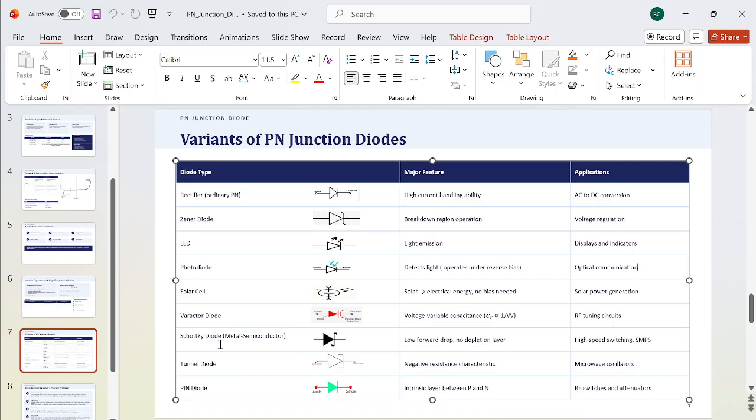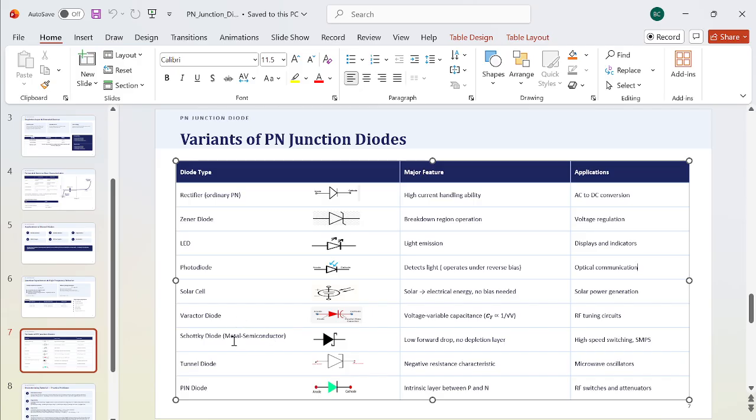Another variant is the Schottky diode. The ordinary diode suffers from a limitation because of the presence of the depletion region or stored minority charges. This ordinary PN junction diode cannot be used for high frequency signal rectification. So to remove that limitation, we take a junction of a metal and a semiconductor, not a semiconductor on both sides of the junction.